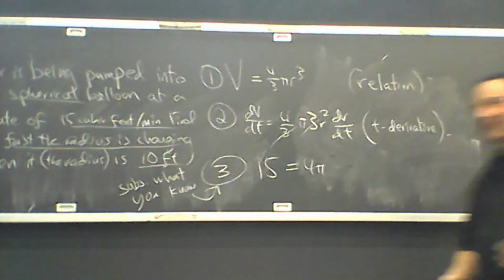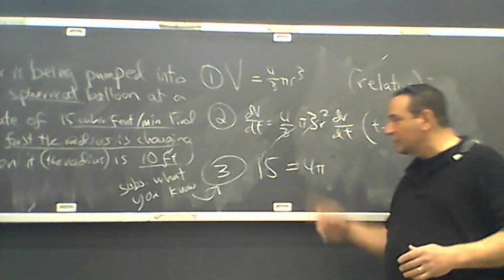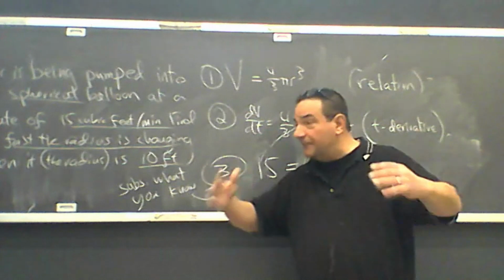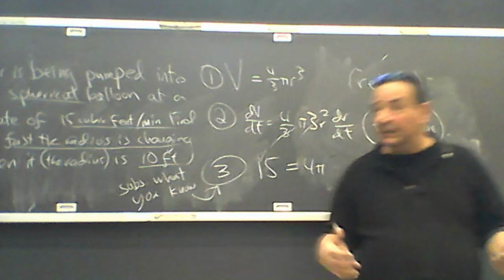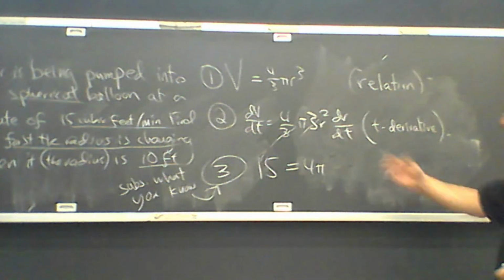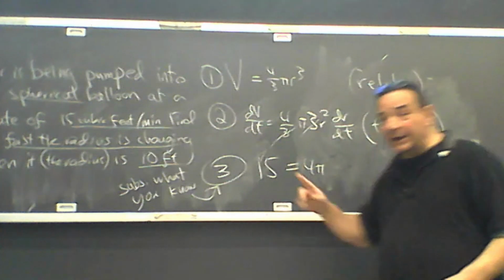Okay, so this snapshot occurs when the radius is 10 feet. When the radius is 10 feet, that 15 cubic feet is going to move the radius. Maybe slightly, but it will grow. You might not be able to see how much it moves, but it will grow.